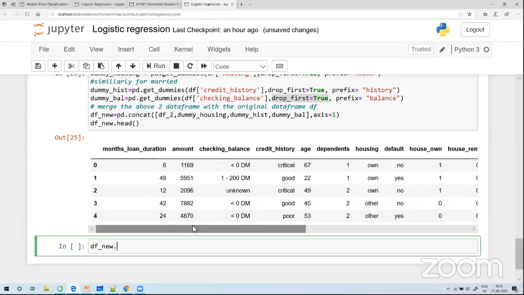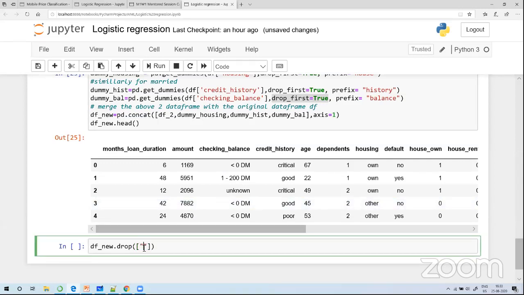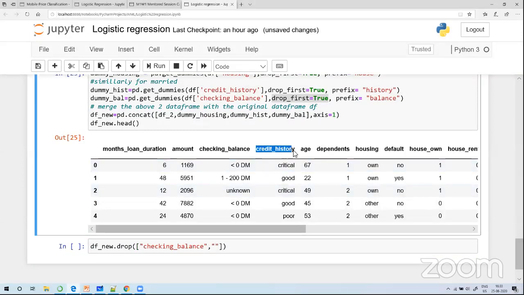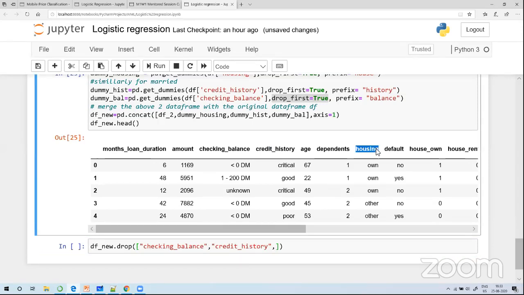df_new.drop. What are the columns that I have to drop? This one, and then this one, credit_history, and then one more, which is housing.